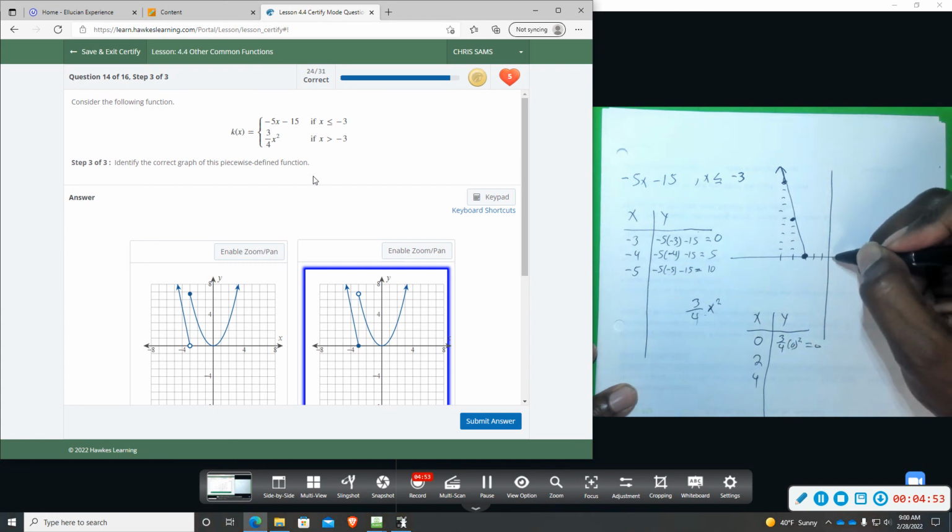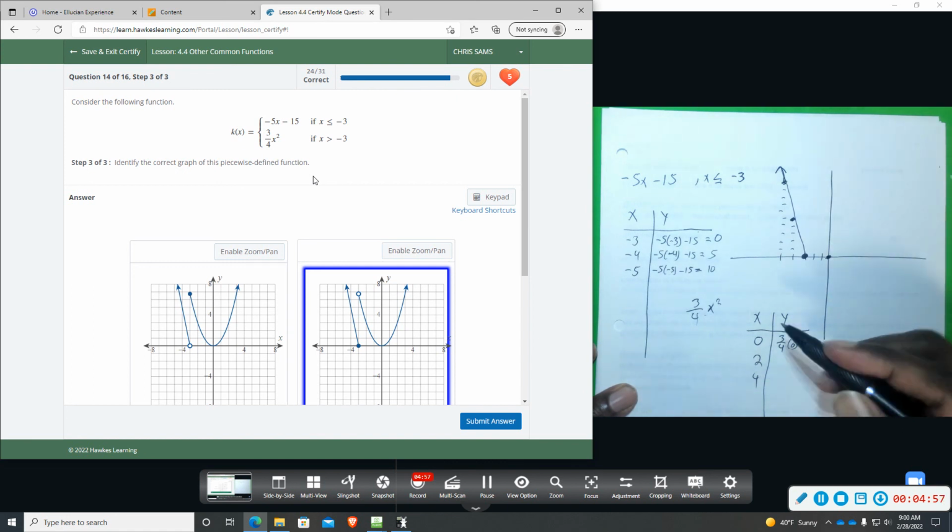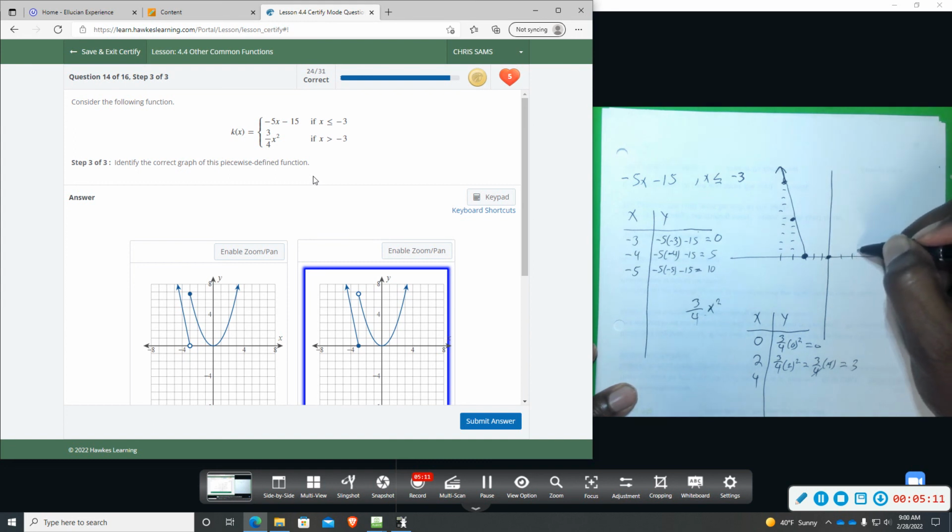So I get the ordered pair 0, 0 as one point. And then if I plugged in 2, 3 over 4 times 2 squared, that will give me 3 over 4 times 4. 4 divided by 4 will cancel out, and that leaves you with 3. So 2, 3.